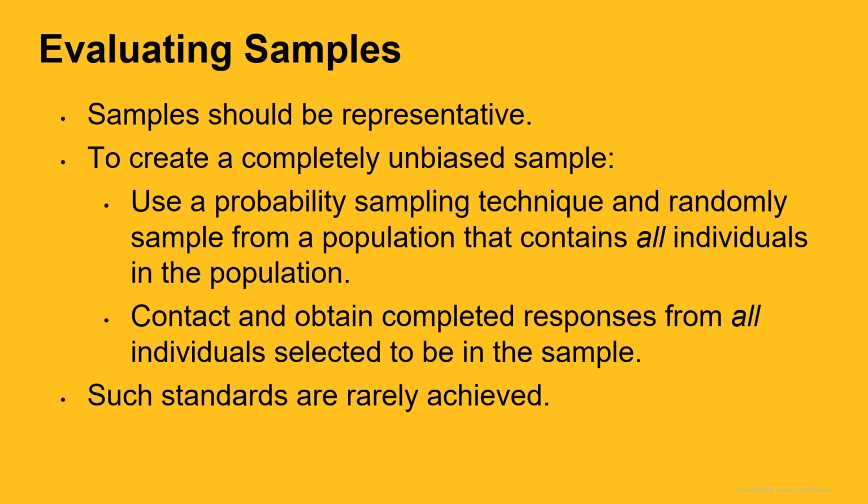Ideally, when we engage in probability sampling, we would like for our research to contain as varied a population as possible because, again, this is the most generalizable set of information we can get. In reality, though, this is extremely difficult and almost never fully achieved.